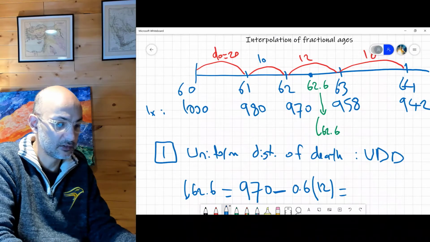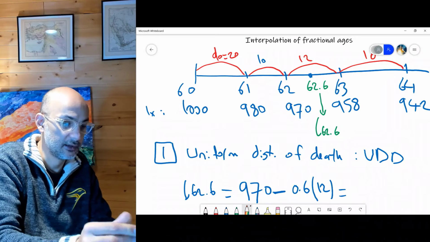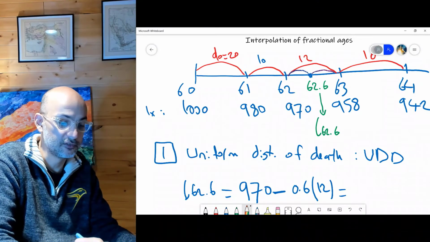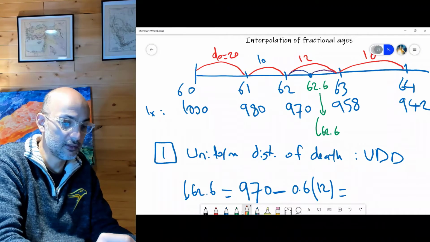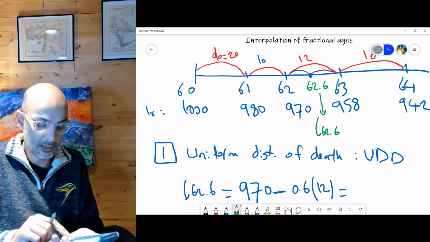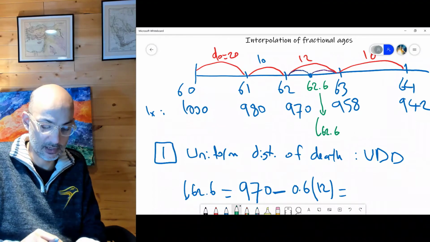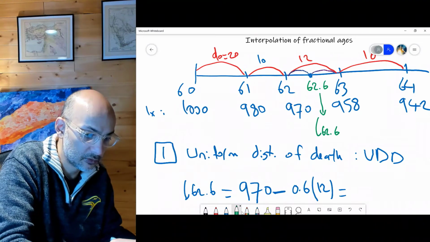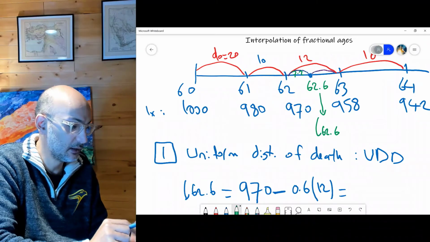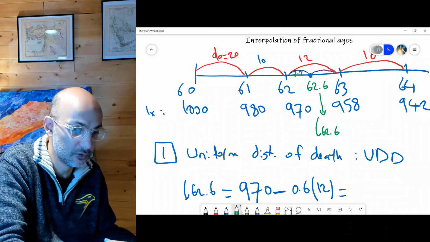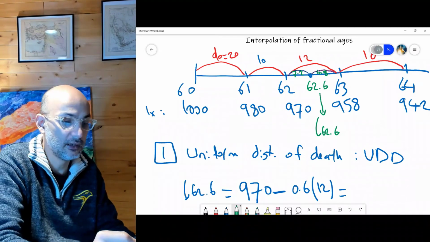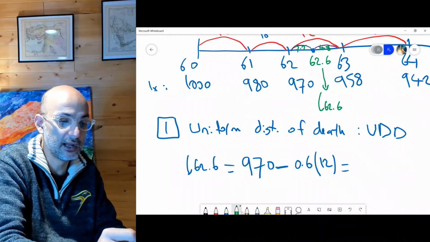The idea here is that we want to distribute this 12 over these two periods. 0.6 multiplied by 12 gives 7.2. So you can put 7.2 deaths here, and then the remaining will be 4.8 here. So you have two parts, 7.2 and 4.8.